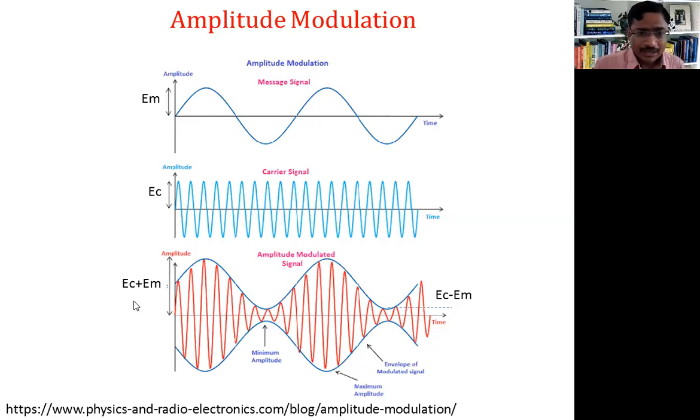So this is the envelope. EM is nothing but the amplitude of the modulating signal. EC is nothing but the amplitude of the carrier signal.